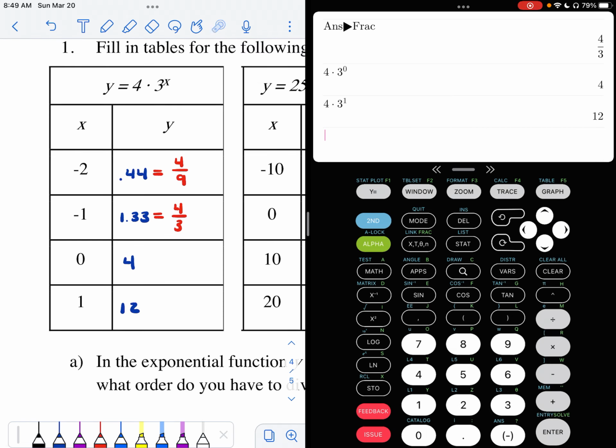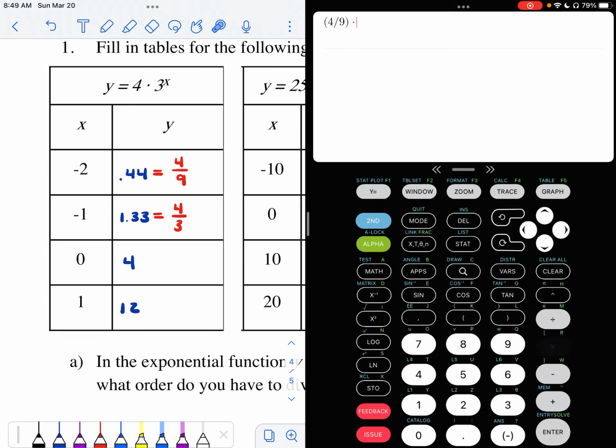One thing that you might notice here is that in order to go from one number to the next, and it's easiest to see in these last two, think, what do I have to do to a 4 to get to a 12? Well, if I were just to multiply by 3, 4 times 3 would give me a 12. Now, just to look back at the numbers in the beginning of the table, let's see if they follow the same pattern.